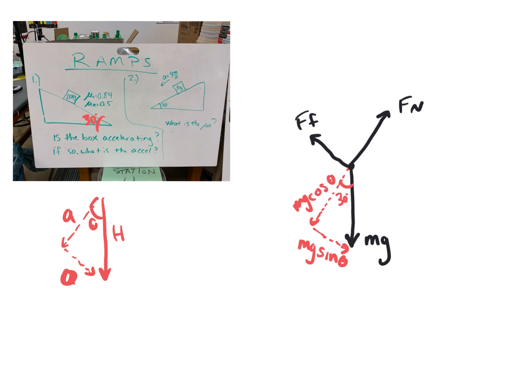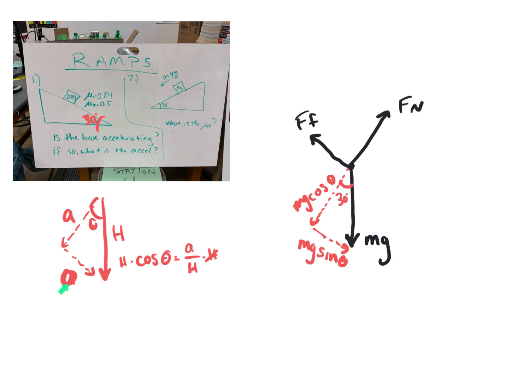The adjacent side would be a cosine function. The cosine of the angle equals the adjacent side over the hypotenuse. Solving for the adjacent side, you multiply each side by the hypotenuse, and that adjacent side is equal to the hypotenuse times the cosine of the angle. Well, all I have here is the weight, that's the hypotenuse, times the cosine of the angle.